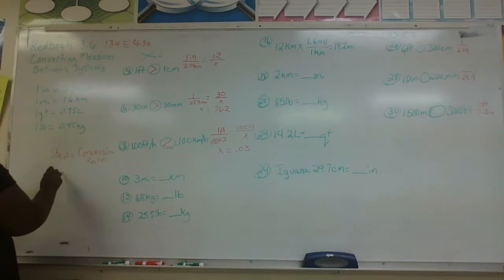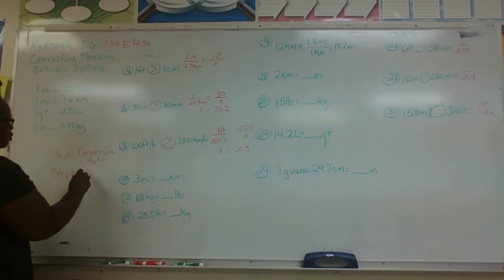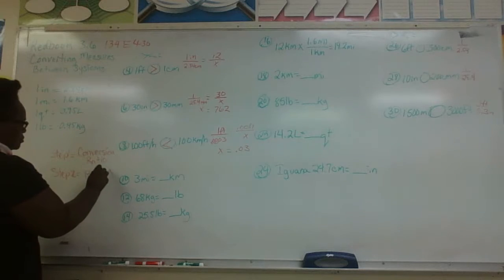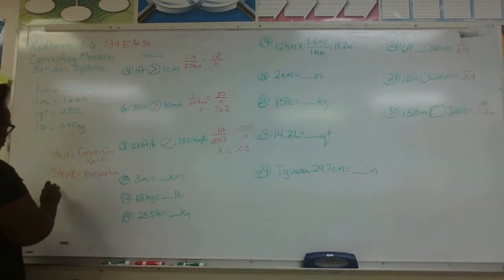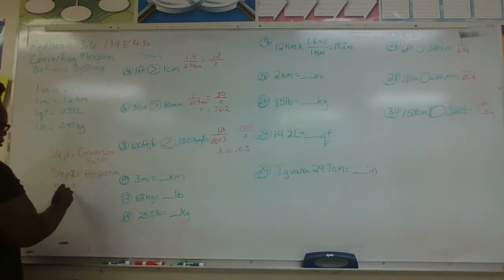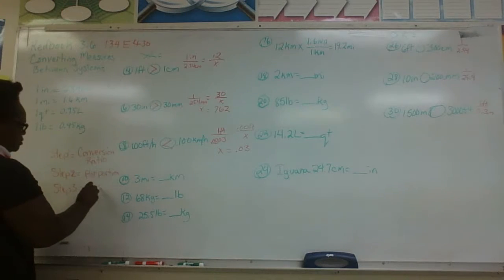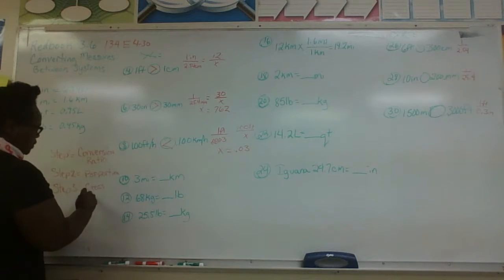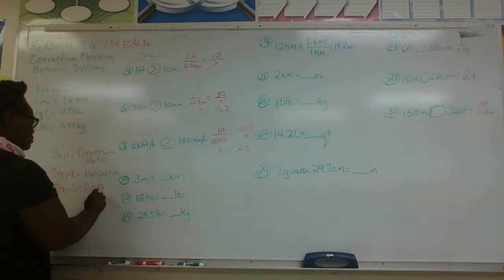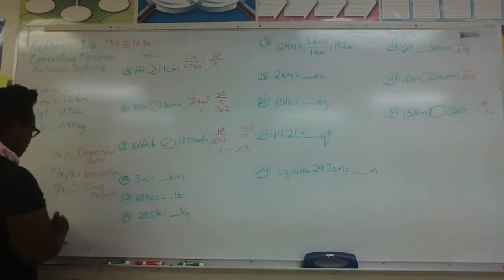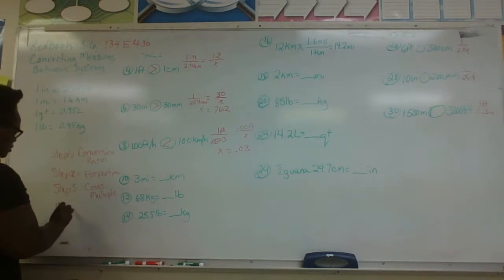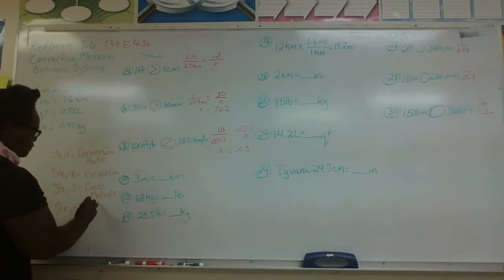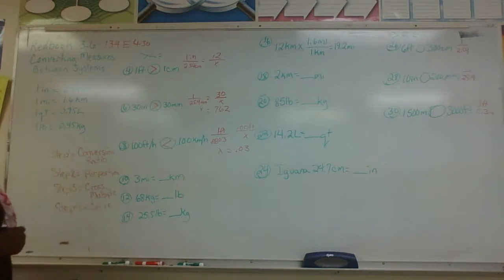Step 2 is to set up the proportion. Step 3 is to cross cancel or cross multiply, and step 4 is to solve. So that's how you would do that.